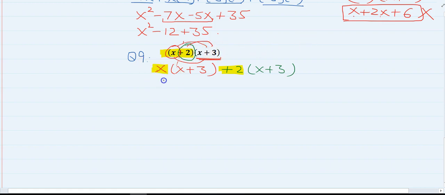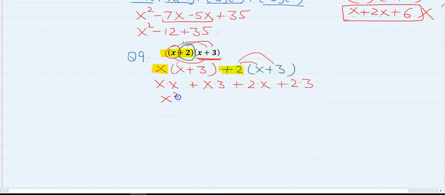Now x multiply x plus x multiply 3. These are two terms, so we will get two terms. These are also two terms, we will get two terms. Plus 2 multiply x and plus 2 multiply 3.